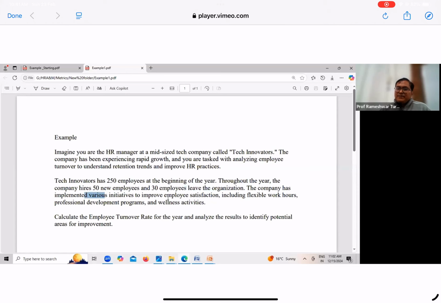The company has implemented various initiatives to improve employee satisfaction, including flexi work hours, professional development programs, and wellness activities. Calculate the employee turnover rate for the year and analyze the results to identify potential areas of improvement.